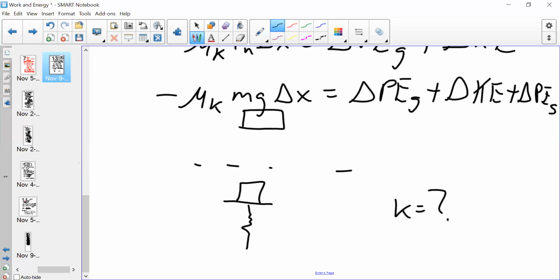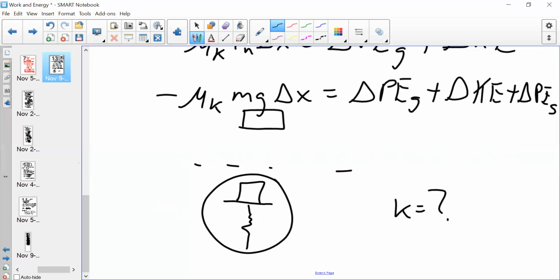So what's the spring constant? What you have to do is identify the initial situation. What kind of energy exists right here? It's going to all be spring energy. It's not moving, so there's no kinetic energy. It has no height, so it doesn't have potential energy.